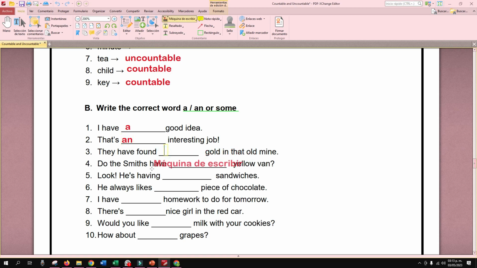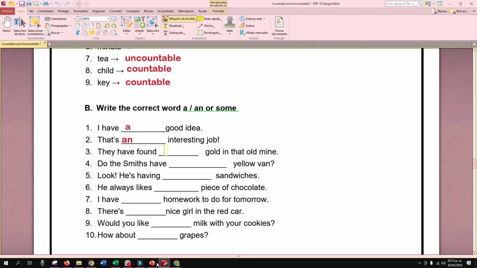Let's see three. They have found gold in that old mine. They have found gold. You know gold, right? In that old mine. Which one do you think we need to use? A, an, or some? Do you think gold is countable or uncountable?